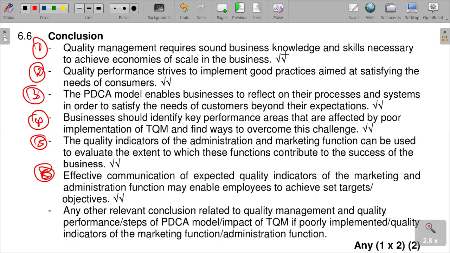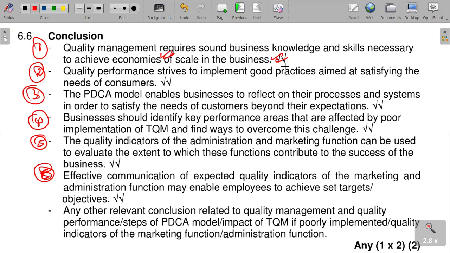For example, quality management requires sound business knowledge and skills necessary to achieve economies of scale, the advantages of growing big. Economies of scale are quite advantageous for the expansion and growth of a business.